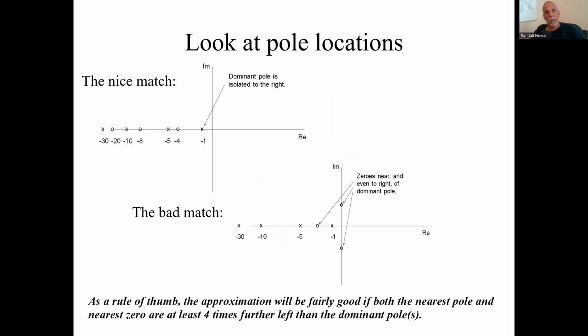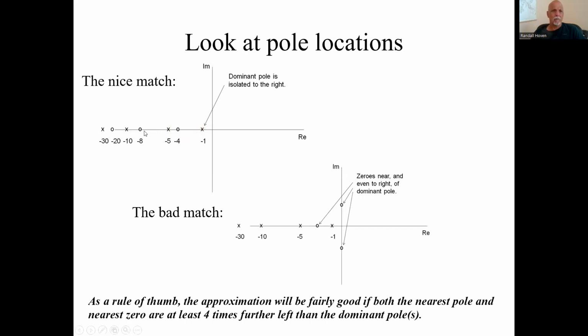Let me look at those. This was the good match. Everything was along the real line. Here was the dominant pole. Everything was at least a factor of 4 to the left of the dominant pole. And even better than that, this pole and zero tended to cancel each other out.